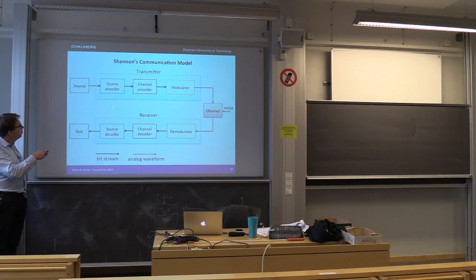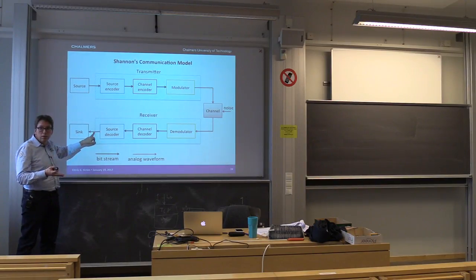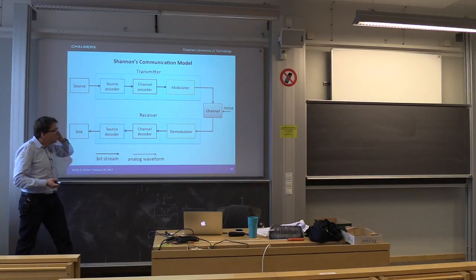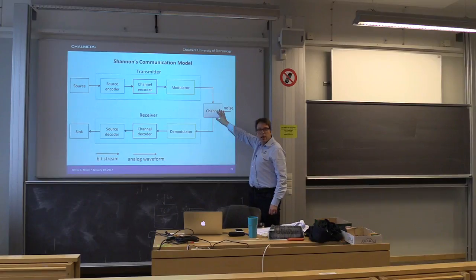The purpose of these two blue boxes here is to move bits from here to here. That's it. And we have some type of cable or radio channel or something like that here. We call that just the channel.